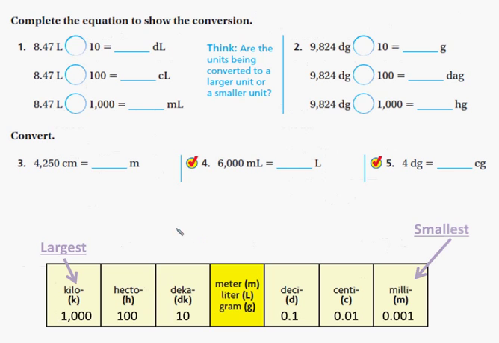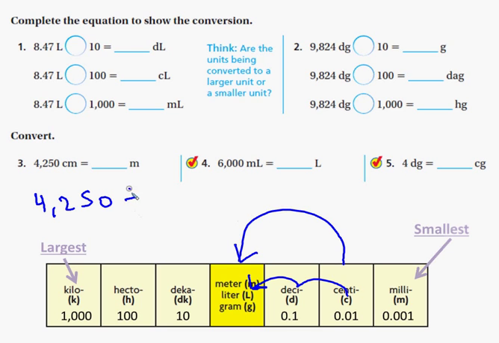So I'll do a few more of these down here. So I have 4,250 centimeters. So I'm starting at centimeters and I'm converting to meters. So that is small to big, and that is division. I'm moving 2 place values over to the left here.